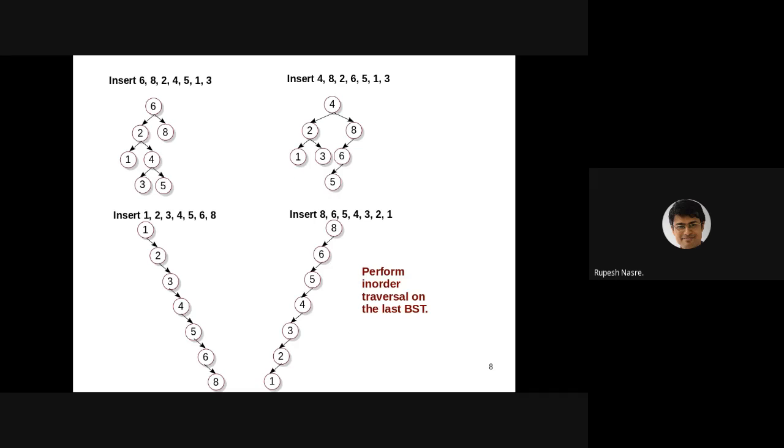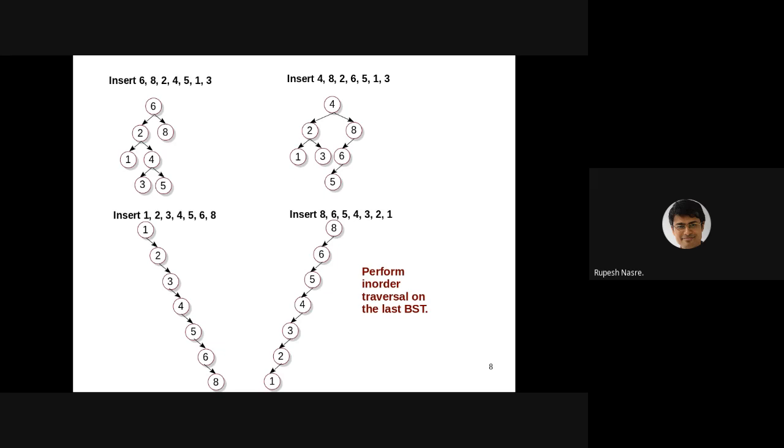All right, so that seems interesting, and you can check that on the second insertion sequence also, whether you get in-order traversal exactly in the increasing order. And that is the interesting part about binary search trees. We said that the structure of the binary search tree is dependent on the insertion sequence.